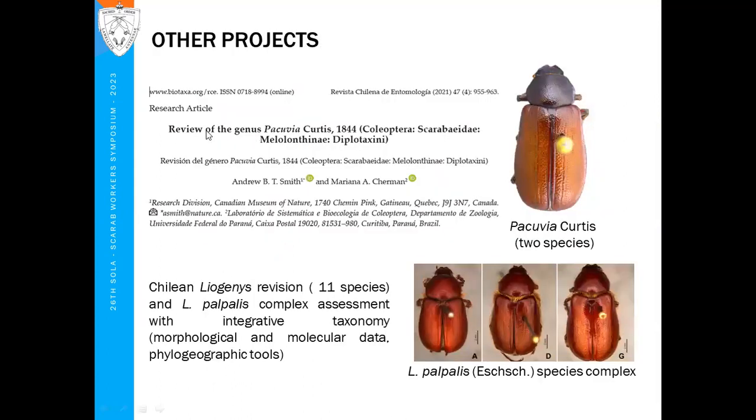There are also other projects that we have done in collaboration with Andrew Smith. One of them is the revision of Pacuvia, a Chilean genus composed of 2 species. Another project has been the revision of the Chilean Lyogenys.